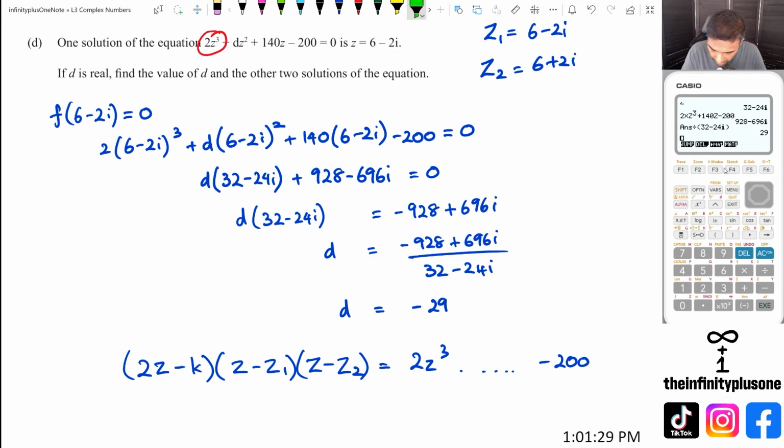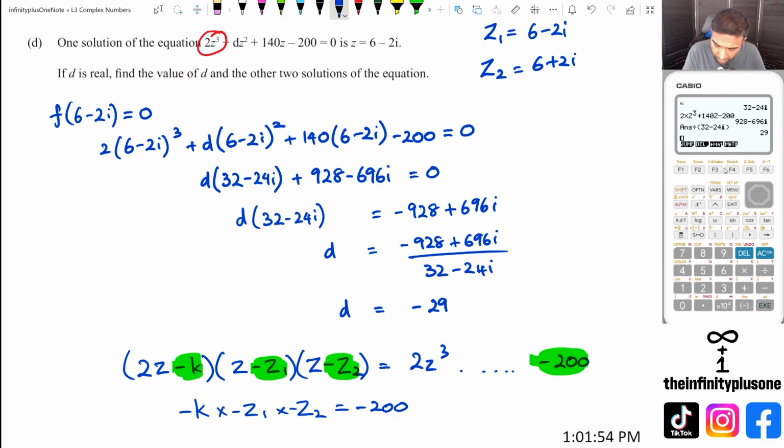So in other words, I've got this negative k multiplied by negative z1 multiplied by negative z2 equals negative 200. I'm going to ignore the two negatives there and just look at the negative k. So negative k multiplied by negative z1 multiplied by negative z2 equals negative 200.